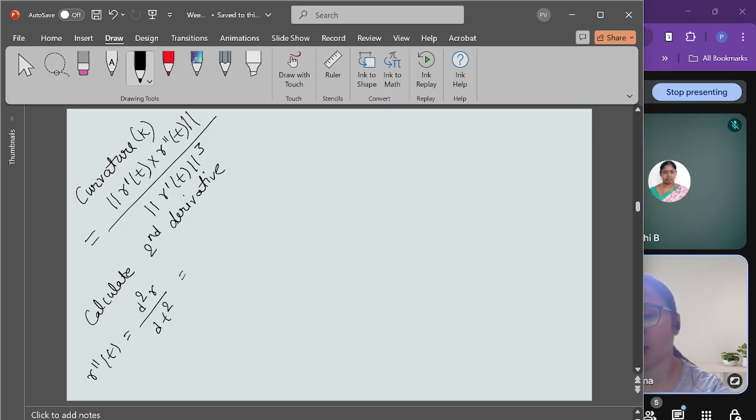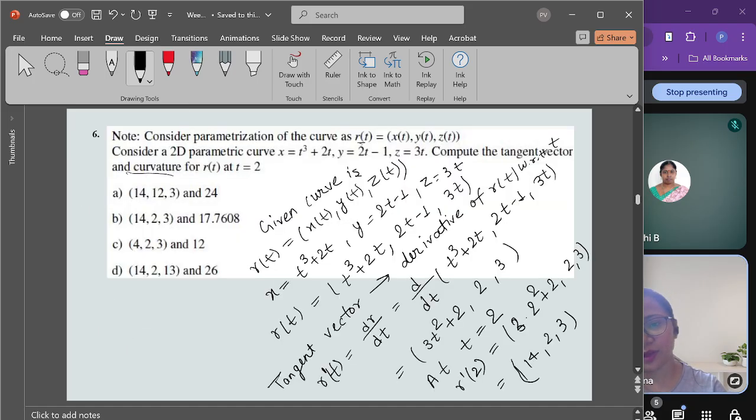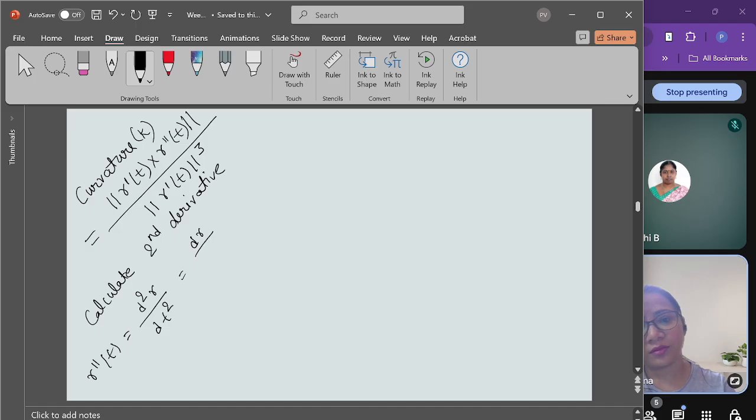We have already calculated one derivative, dr by dt. Now we just calculate the second derivative. Our first derivative is 3t square plus 2 comma 2 comma 3, right?